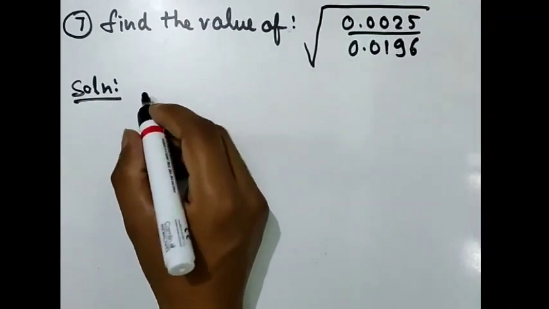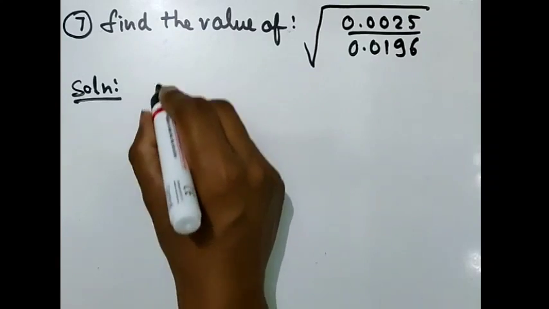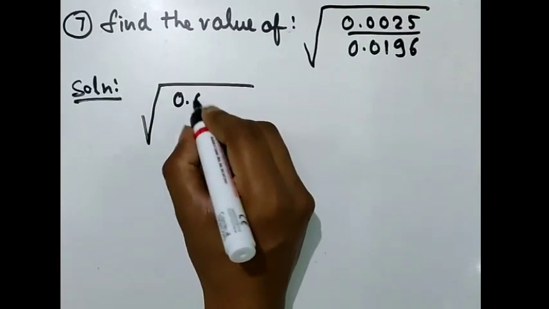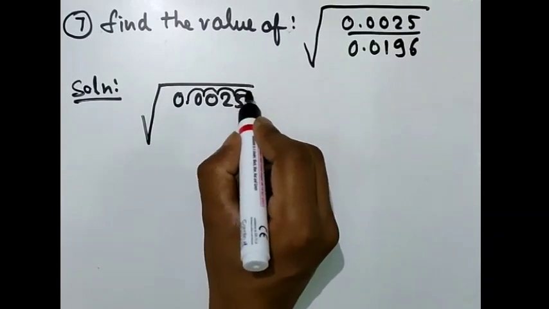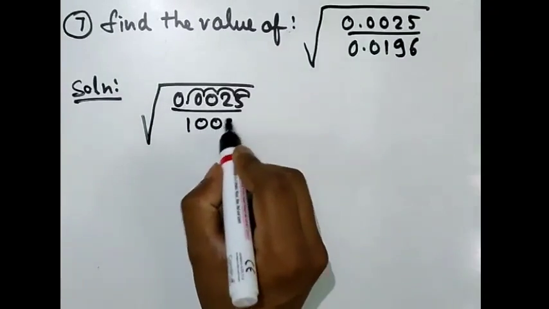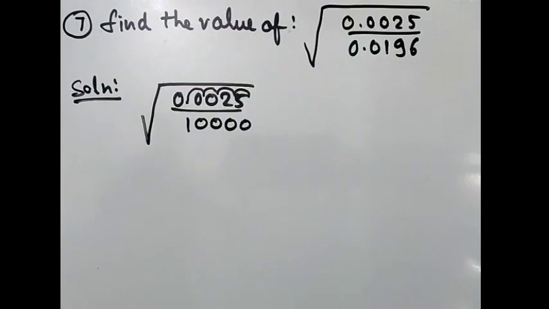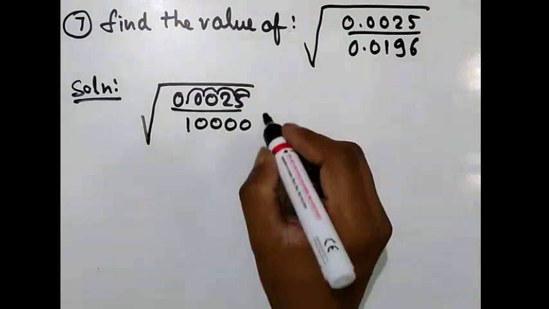Let's do it the other way. So if I say 0.0025, I'll change it into fraction. It will become 25 by 10,000, right?